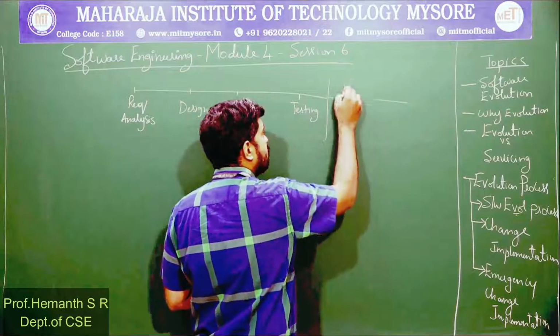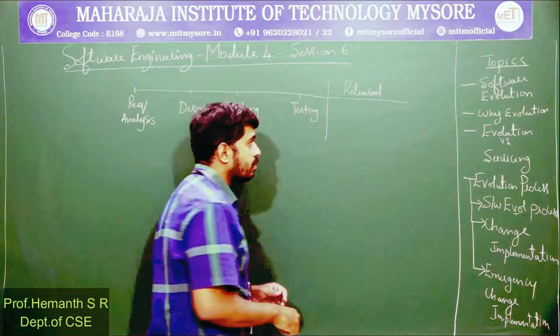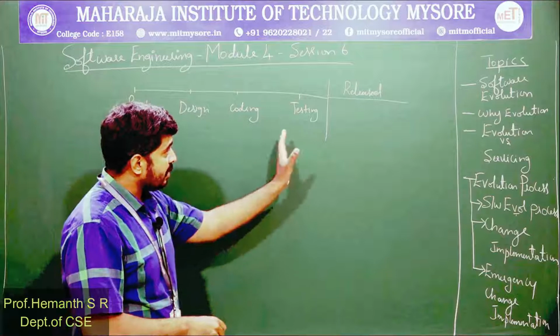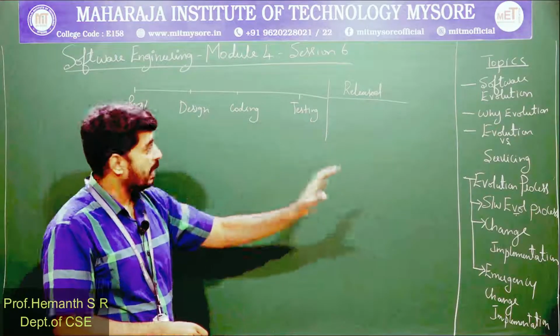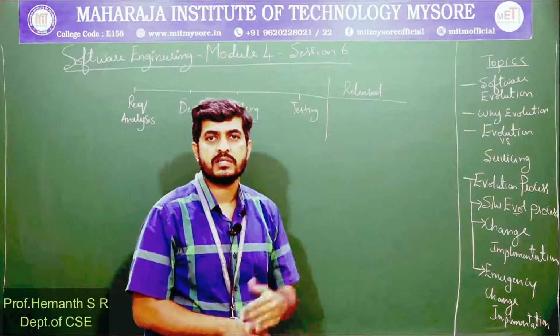So the software product is released to the client. The client will start using it, and once the client starts using the software product, now it is a stage of evolution or continuous improvement.